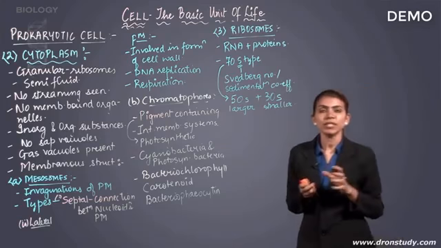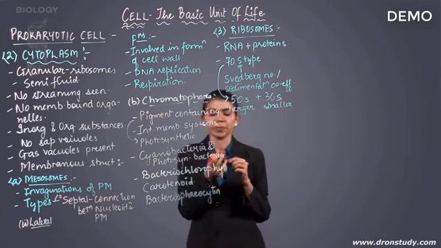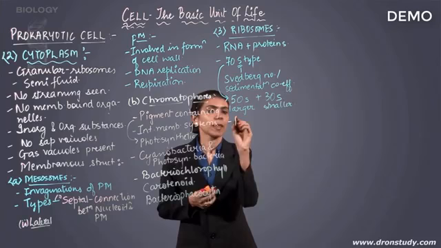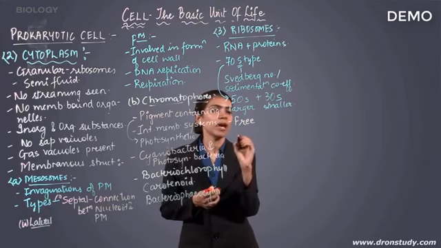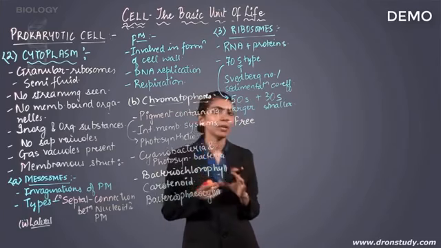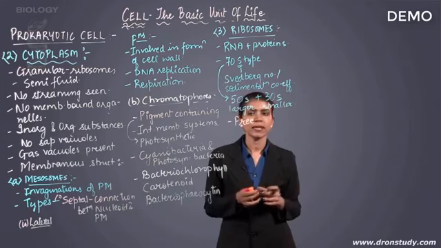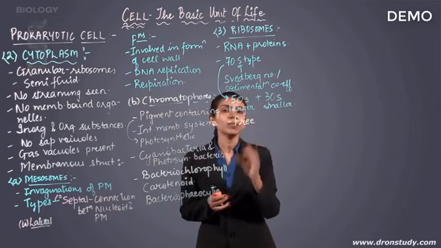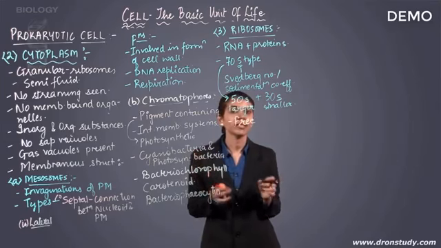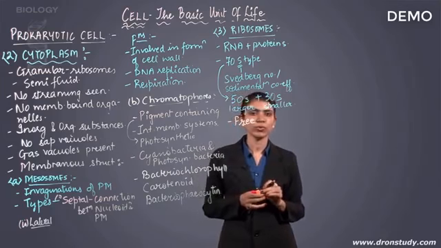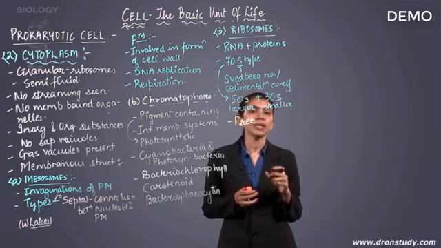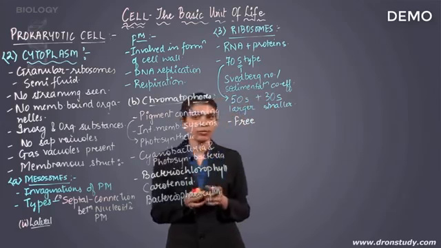They may be either fixed or they may be free. Now the free ribosomes are lying in the cytoplasm. So these help in protein synthesis. Protein synthesis is the main function of ribosomes, but the free ribosomes help in synthesis of proteins which are then used for intracellular functions.